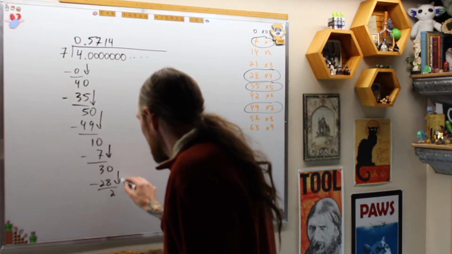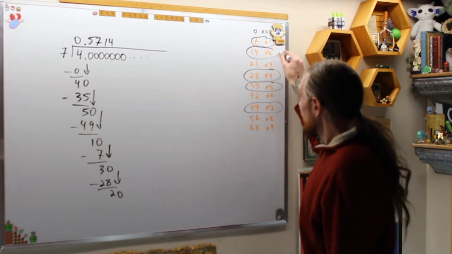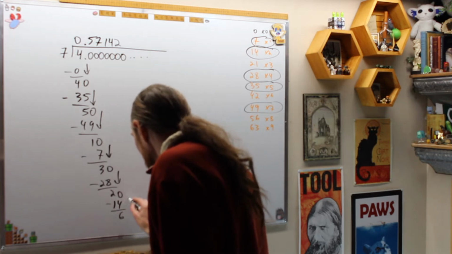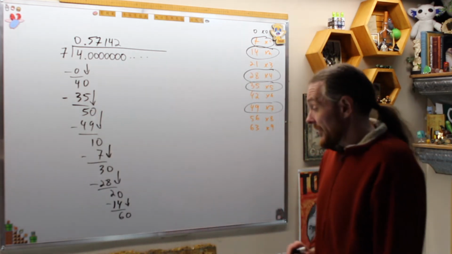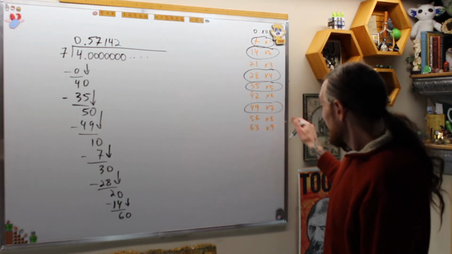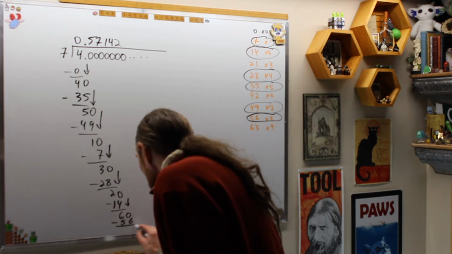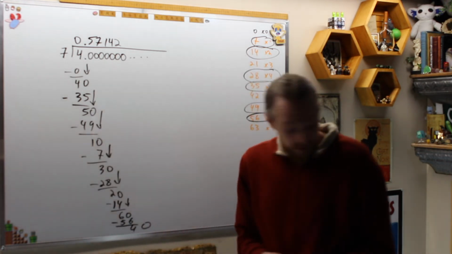I subtract, I get a 2, bring a 0 down. 20 will be a 2, which is 14. I subtract, I get 6, bring the 0 down, I get 60. What's it going to be? It will be an 8, which is 56. I subtract, I get a 4, and oh, there it is.